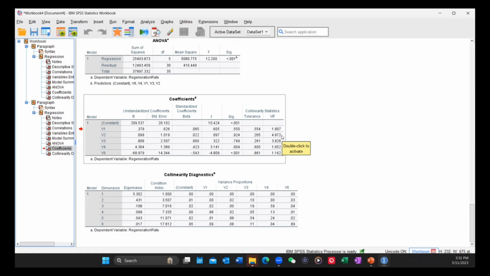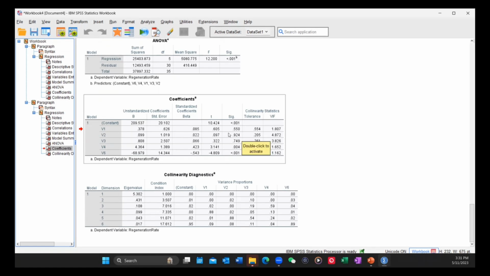So we are going to keep that in our consideration. But if we look at the significance value, the p-value for the t-test of V2, we find that the p-value is very big, 0.924. Okay, so this is really a big concern for us.